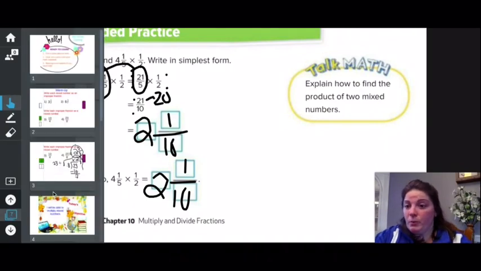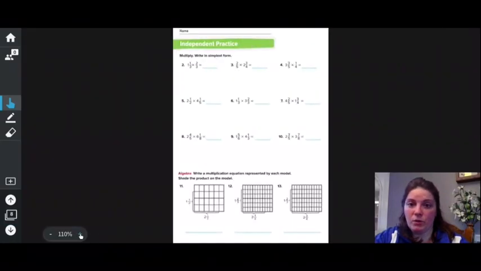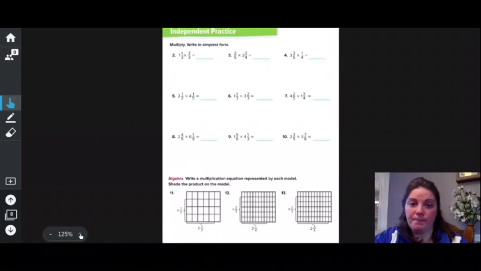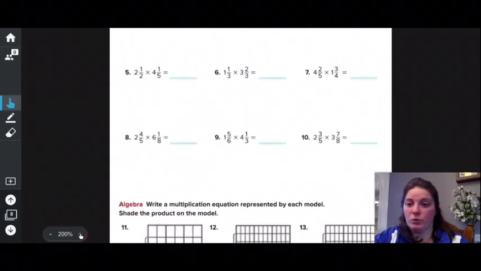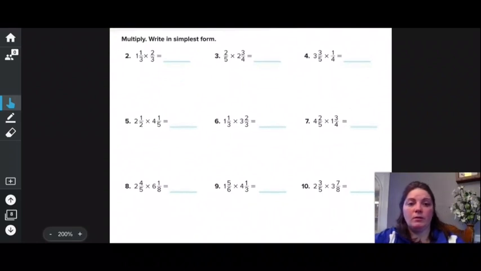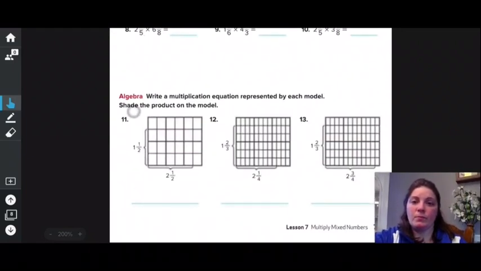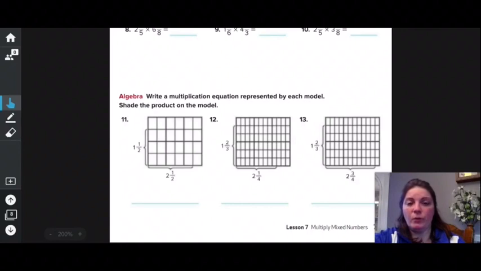If you would like to continue practicing, I'm going to display some more problems for you to work on. And what you can do is pause the video, copy them down, and then hit play and I'll show you some more. All right, here are some more if you wanted to try the models out.